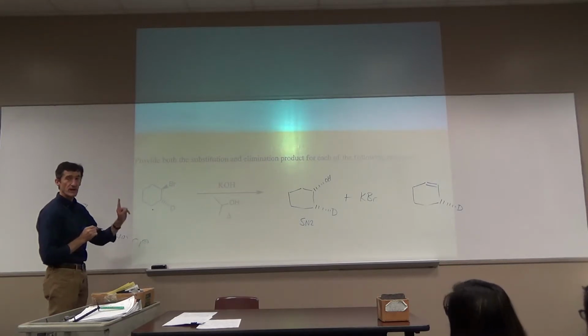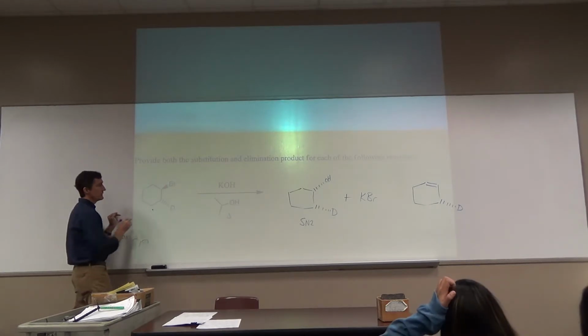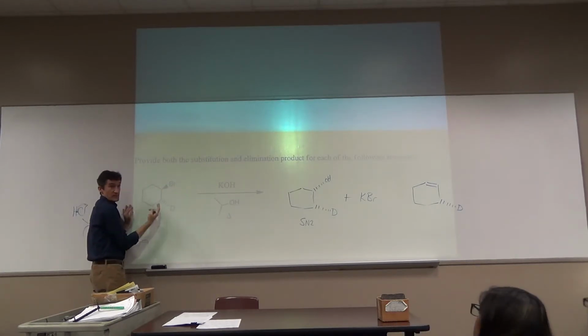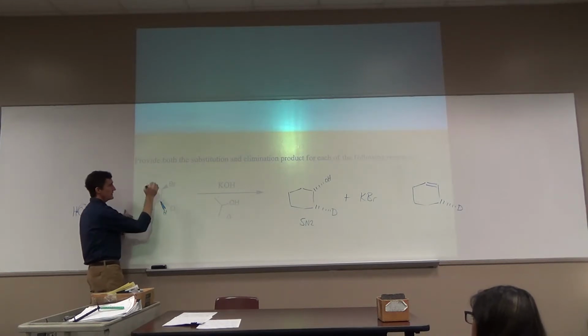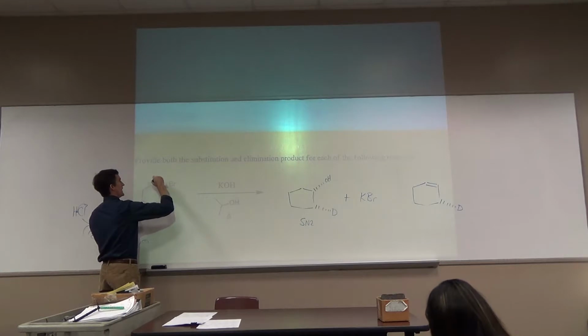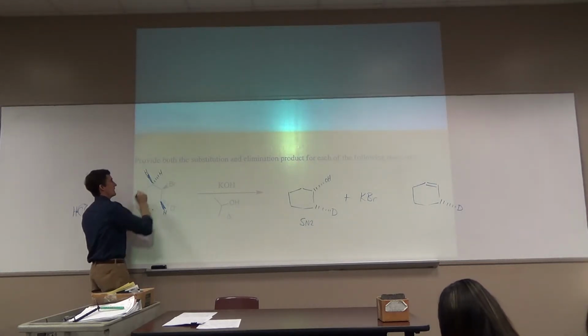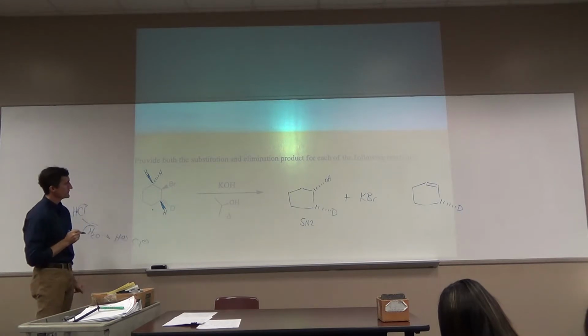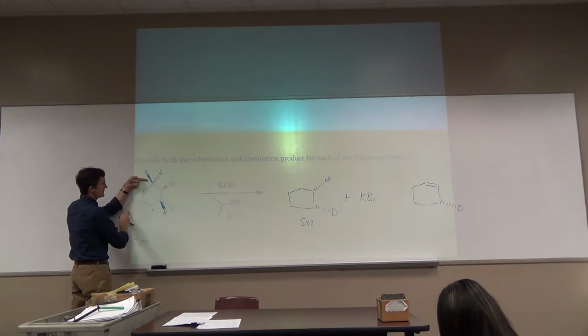We're doing E2, right? Because we have strong base. E2 has a stereochemical requirement. The leaving group and the beta hydrogen, or D, need to be what? Anticoplanar. Yeah, these are anticoplanar. The H here is not. We also have a beta carbon here with an H and an H. Which one here would be abstracted if it did an E2 over here?